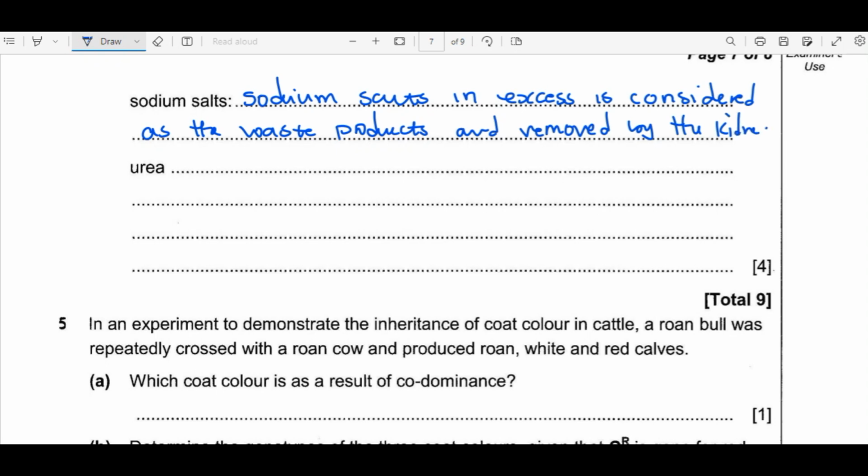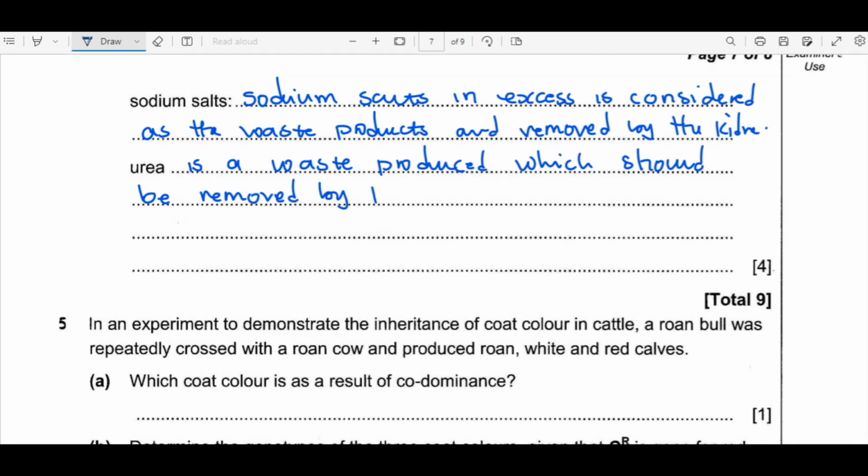Then for urea, there is nothing like excess. Urea is always considered a waste product. So we'll say urea is a waste product which should be removed by the kidney.